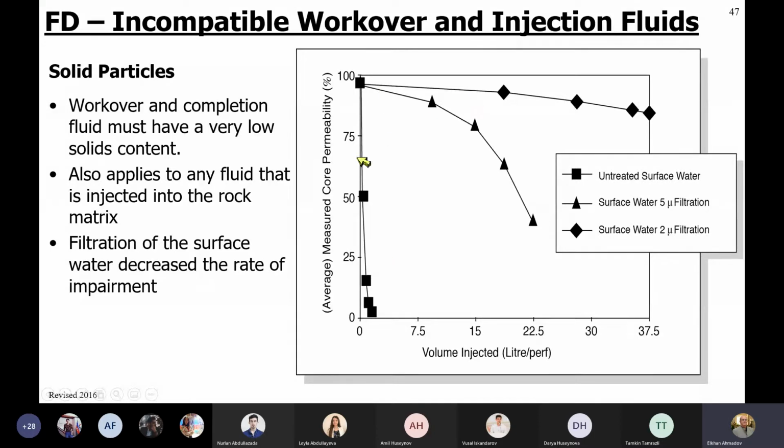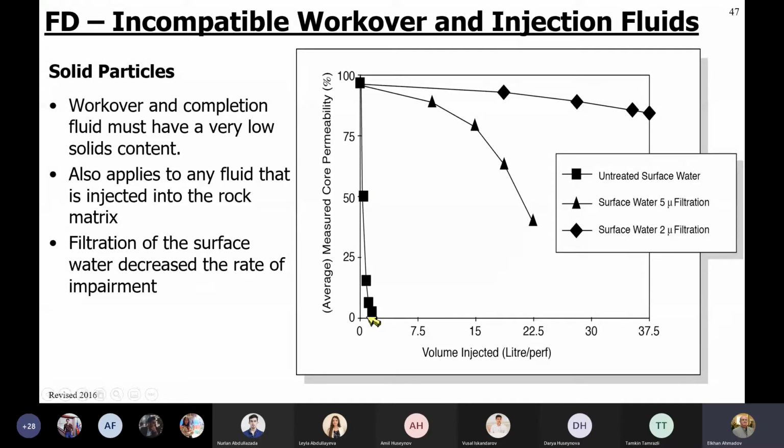Here you can see, as we inject the untreated surface water, which has some solids and dirty materials, the permeability reduces suddenly, very drastically, and we can't even inject a very small amount of water.